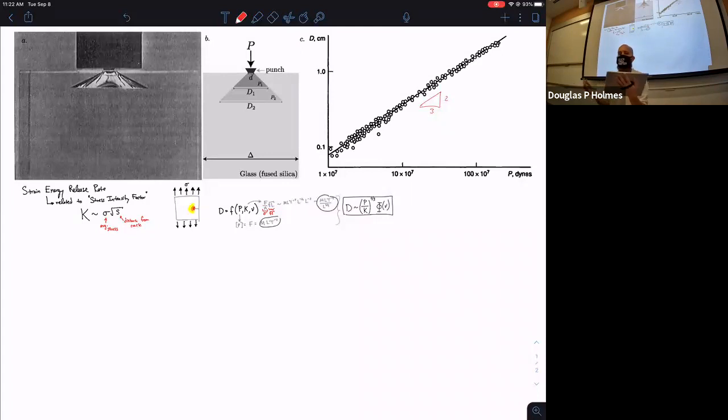So what did we neglect? I didn't say anything about this dimension, and I didn't say anything about this dimension. Can anyone guess why? Or let me put it a different way. Can anyone guess when they would expect this scaling to be valid? Like the extreme case?